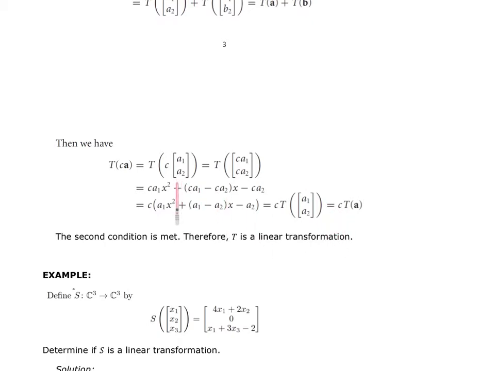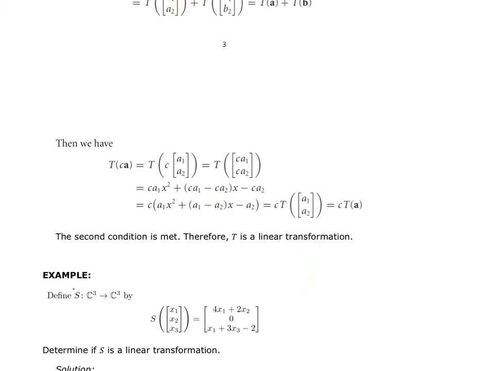So again, I'm going to have a1 and a2, and so here is c of a1, c of a2, minus c of a, and of course I have my x squared and my x. You can see that I can factor c out of every single one of those terms, so the second condition is met, therefore it is a linear transformation.